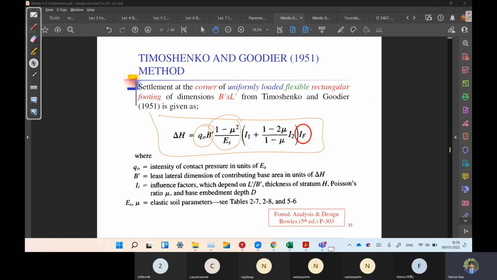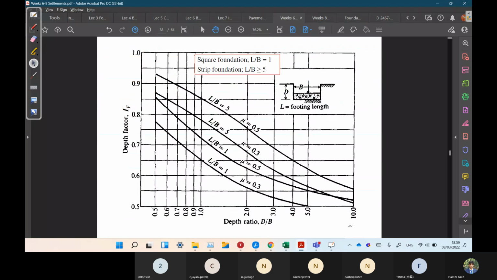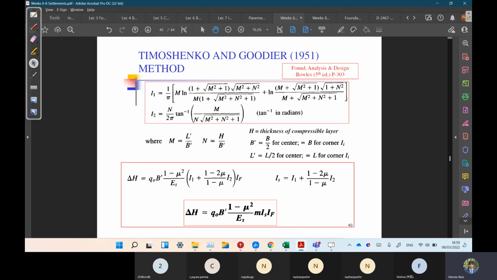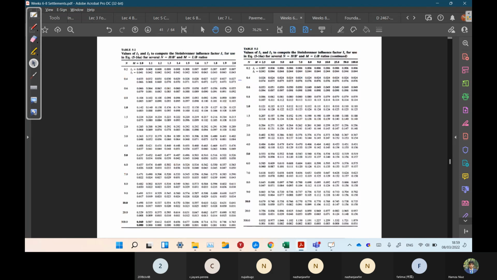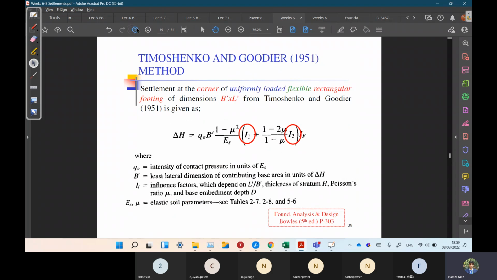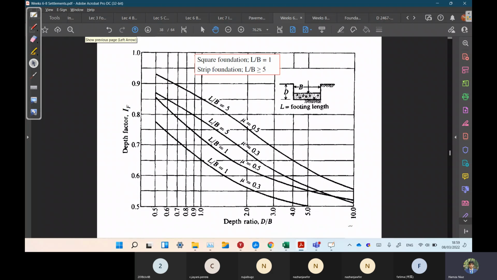IF is the factor we have to calculate from this chart. For I1 and I2, simply use these tables, but for IF, we have to use this chart.